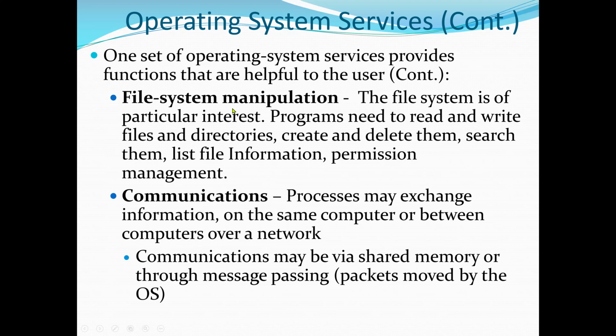A file system is of particular interest. Programs need to read and write files and directories, be able to create and delete them, search for files, list the file information, and also manage permissions. All these tasks, the operating system makes possible. An example of permission: in our school, we have the registrar office.